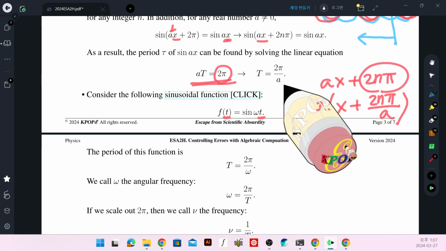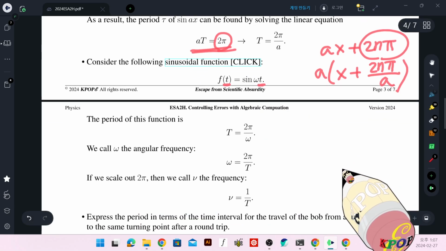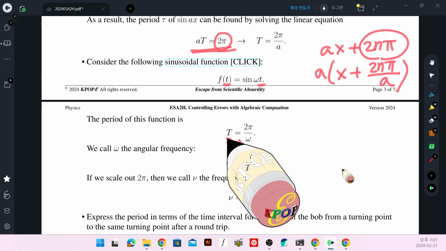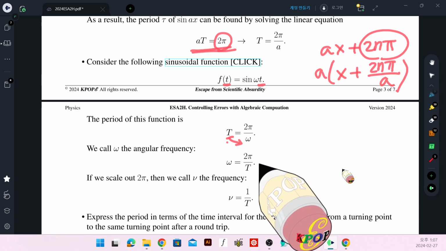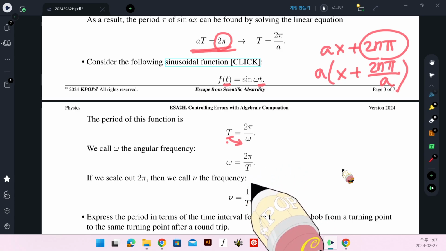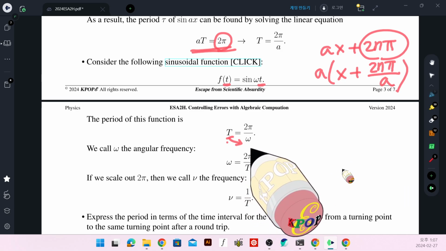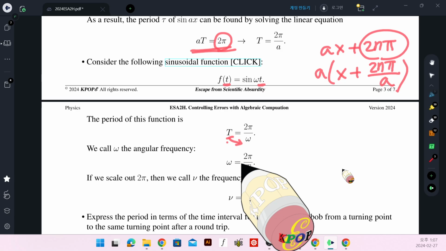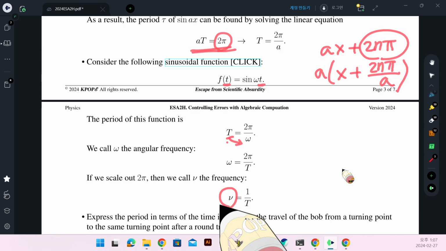I have replaced a with omega. I can exchange these two to find omega is equal to 2 pi over capital T, that is the period. So if I factor this 2 pi out, then we obtain 1 over T, that is called frequency.